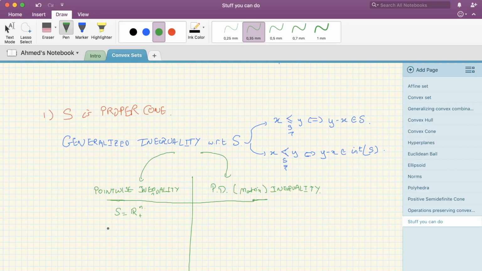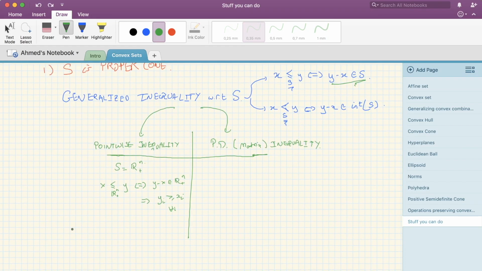So once you denote x less than or equal to y in the sense of R plus N, it means that y minus x belongs to R plus N, which also means that yi is greater than or equal to xi for any i.